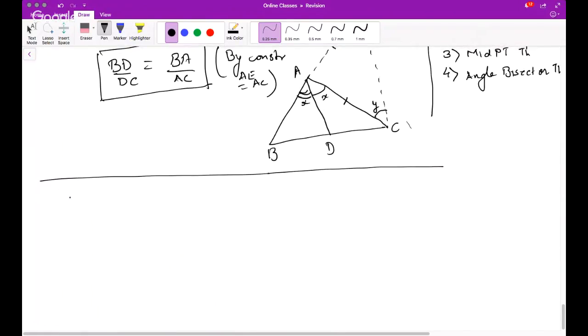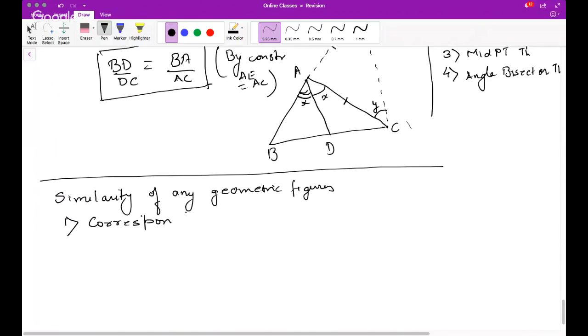And we know that for similarity of any geometric figures, two criteria were there. What are the criteria? First is corresponding angles are equal, and the second criterion is corresponding sides are proportional.